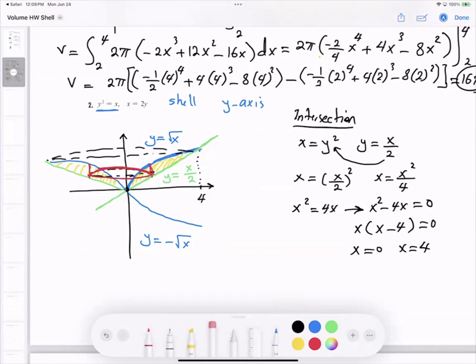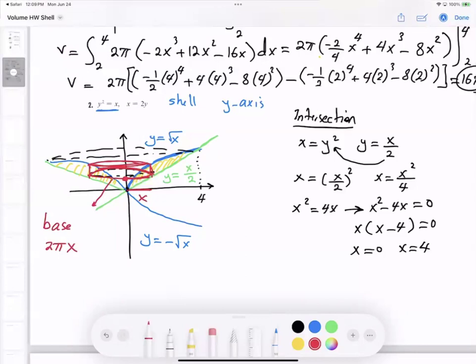Perfect. Just looking at this small shell, trying to analyze the base and the height for you. So for the base of this shell, it has a circumference. The circumference is equal to 2 pi times the radius, but the radius is changing between 0 and x. The radius is x. So this is the base.